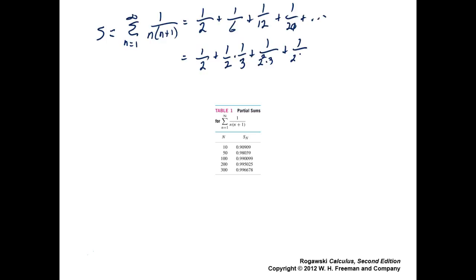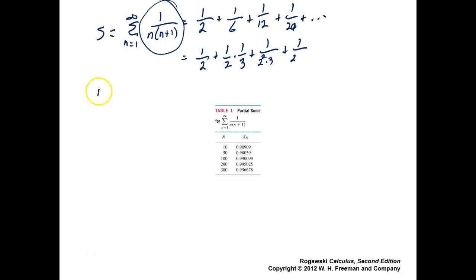Here's the trick. Remember back in Cal 2 when we had an integral that was looking like that? What did we do to it? What's the technique? Okay.